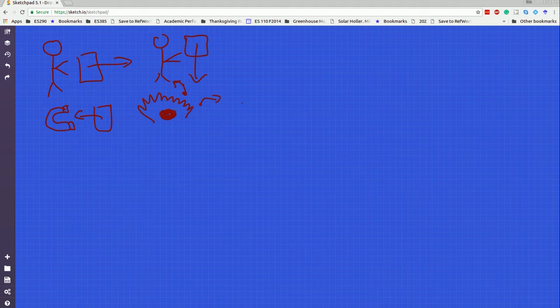All of this is energy because all of these are ways of creating motion in other things. Okay, so energy is just this broad, abstract category of stuff that can create motion. The amount of motion that it can create is oftentimes measured in joules, and so joules are a unit of energy.